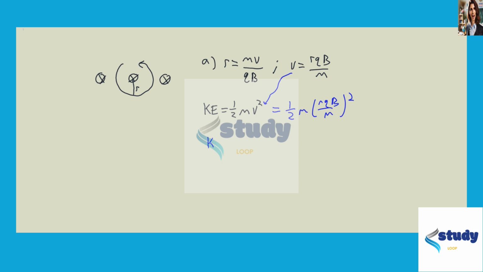And thus, we can see that our kinetic energy is r squared, q squared, B squared, all over 2m. So that's the kinetic energy, which shows that the kinetic energy is in fact proportional to r squared, which is what we were asked to find.